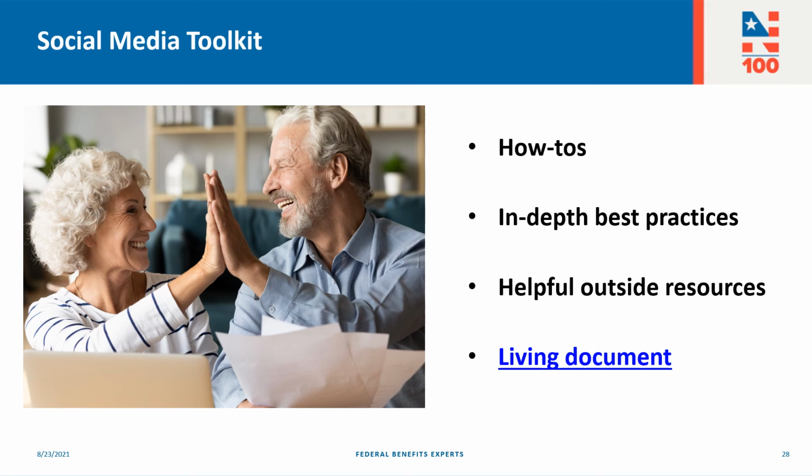This helpful document contains how-tos similar to the ones that have been in part 1 in this presentation, an in-depth explanation of the best practices presented here in this presentation, a list of helpful outside resources to help build your strategy, and lastly, I want to note that this is a living document. Social media is changing constantly, and we have to keep up. Check back every once in a while to make sure you have the most updated version.